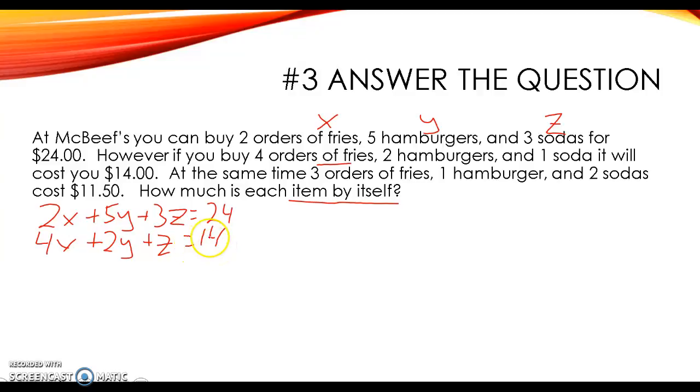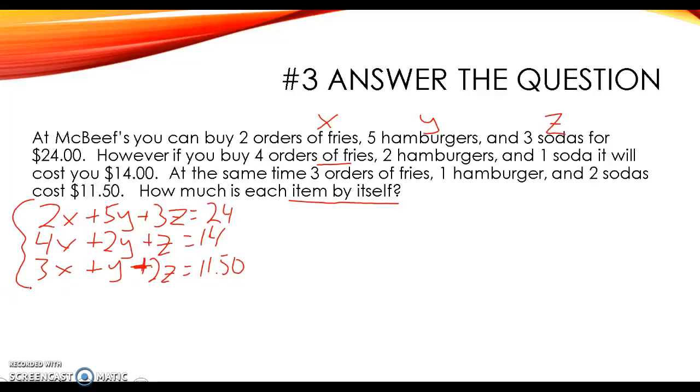And then in my last situation, if I order 3 orders of fries, that's 3 x's, 1 hamburger, so that's 1 y, and 2 sodas, that's 2 z's, for $11.50. So here is my system that I came up with from the story problem.